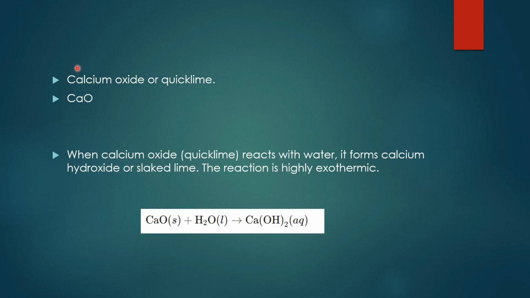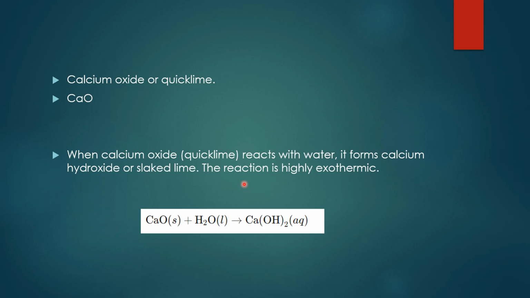So let's try to answer the first question. In the first question, the substance that is used in the form of a solution for whitewashing is basically calcium oxide. It is also called quicklime. Okay, and its formula is CaO. And when calcium oxide or quicklime reacts with water, it will provide calcium hydroxide or slaked lime.